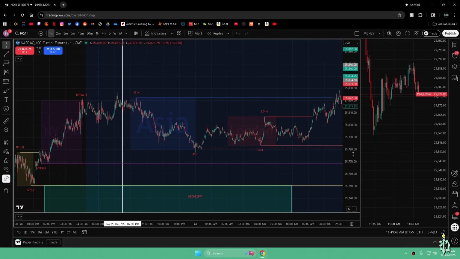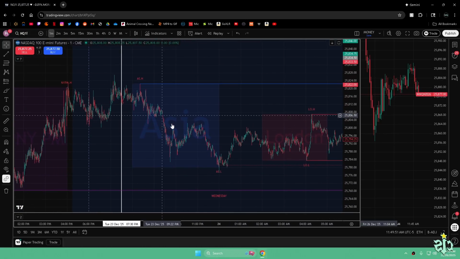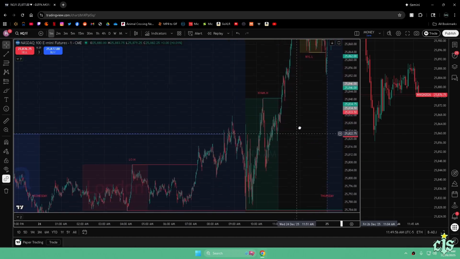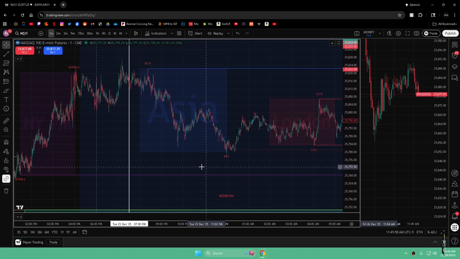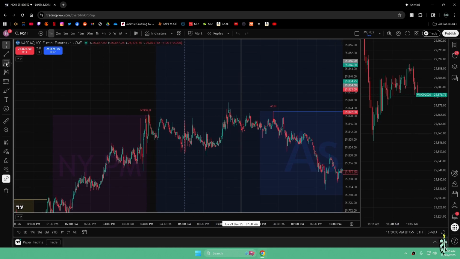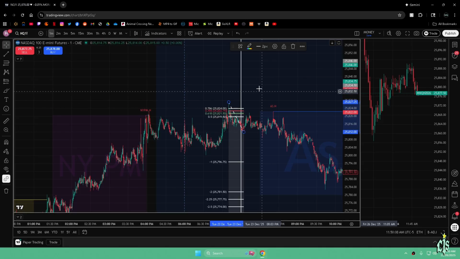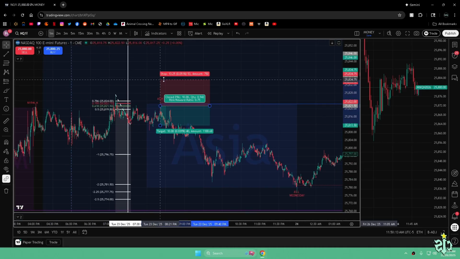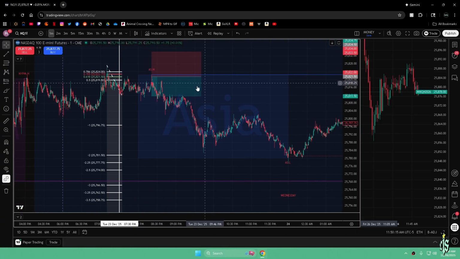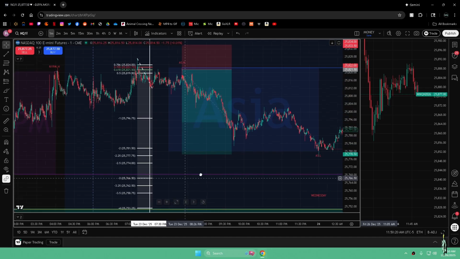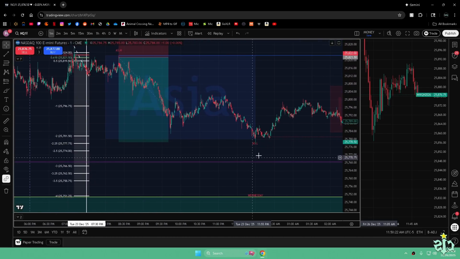All right. So yesterday we were in a sell profile for Asia, buy profile for London, and a continuation profile for New York. Okay. So first things first, we have our fib from this high to this low. We have our sell right here. And we have a range of balance over here somewhere.